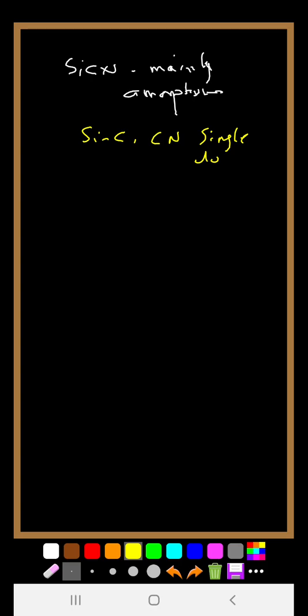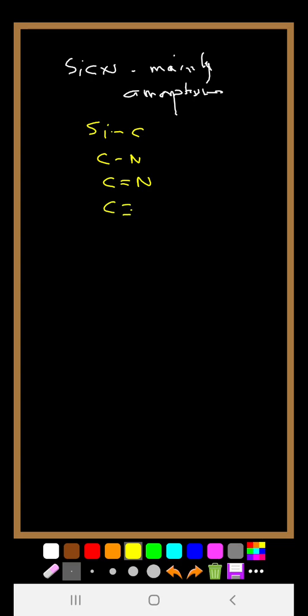So let's put it in this way: you have SiC bonds, we have CN bonds, and also C3N bonds, and also SiN bonds in the films.